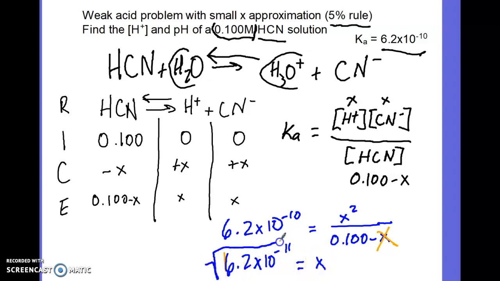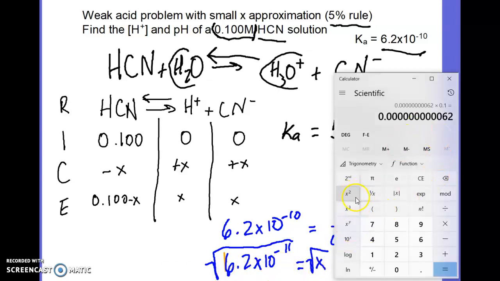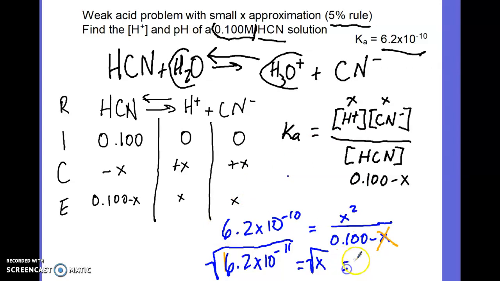So now I'm just going to take the square root of that number. That's 7.87 times 10 to the negative 6.